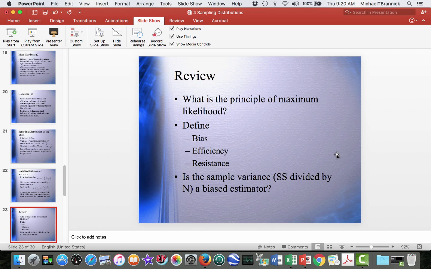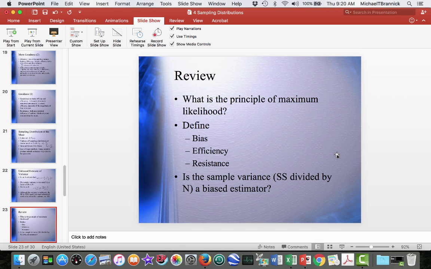Define bias. Bias is a property of the mean of the sampling distribution. So if an estimator has a sampling distribution where the mean of the sampling distribution is the parameter, they're equal, then the estimator is unbiased. If it's not equal to the parameter, then the estimator is biased.